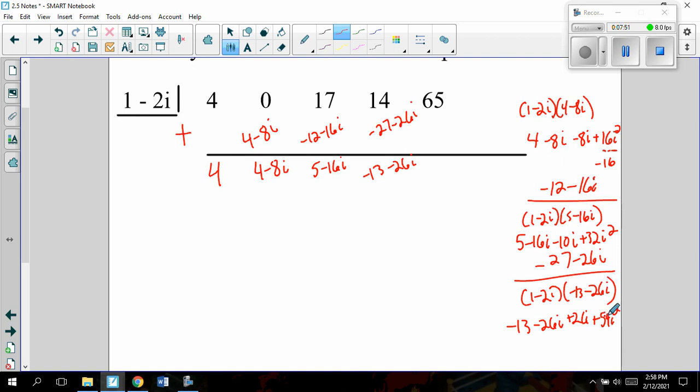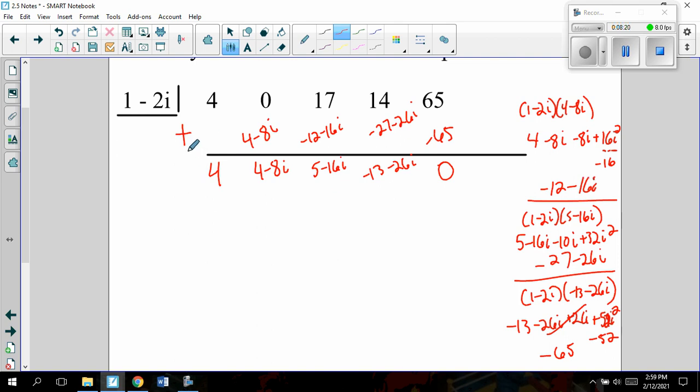Oh, I'm sorry, 52. Okay, and then putting those together, this is really a minus 52. So then overall I have minus 65 because those would add out. And then negative 13 minus 52 is then negative 65. So negative 65, which I did tell you that was a 0. So that's good that we got a remainder of 0. That means we did our algebra correctly along the way.